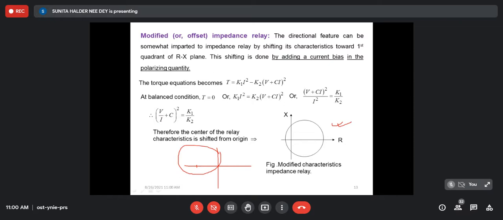If we shift to the right hand side, we may make the shifting in such a way that it will be only in the first quadrant. So there will be no question of operation for negative current. In that case, we can provide the directional property in the relay. So this is the philosophy.